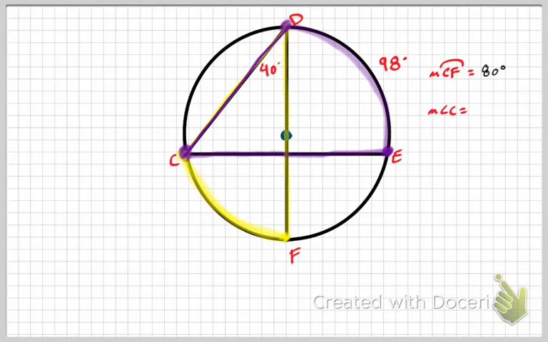So 98 divided by 2 is 49. So that angle measure is 49. So the arc is double the angle, the angle is half the arc. The angle is always smaller than the arc that it's creating. That's the big thing to remember. And remember, it's either multiply by 2 or divide by 2. All right?